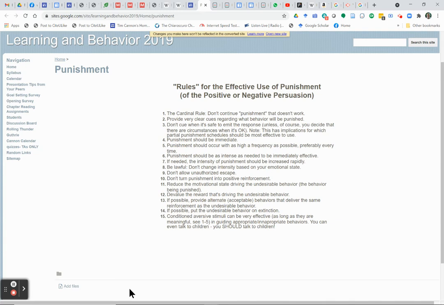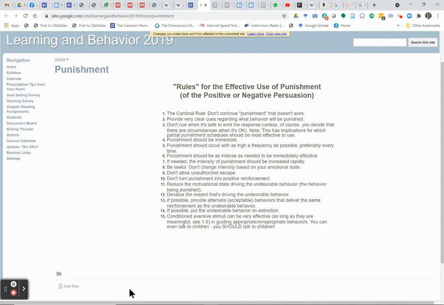Punishment should be immediate. You walk into a tree, you don't say, "Oh dear, 2 hours from now, that's going to hurt." It hurts right away. And just as in reinforcement, we saw that immediate reinforcement was important, immediate punishment is important, and it's built into trees and rocks.